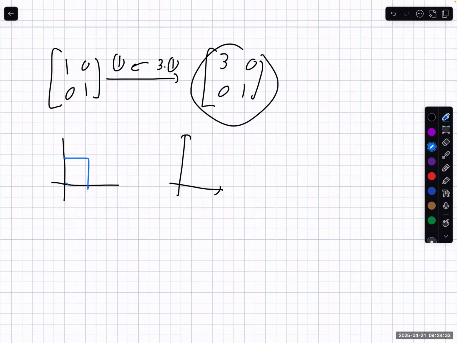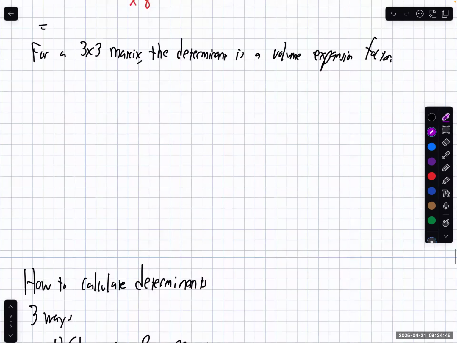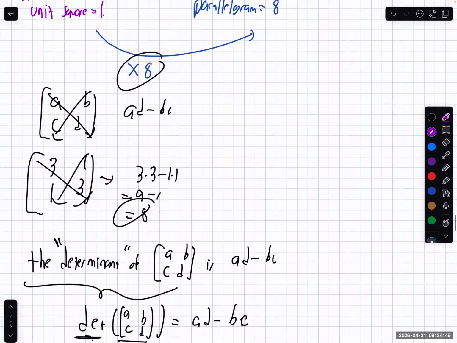If I have my unit square, let me try to be consistent with the colors. So it's purple.